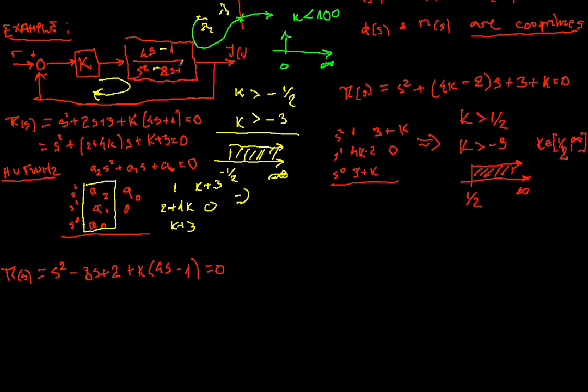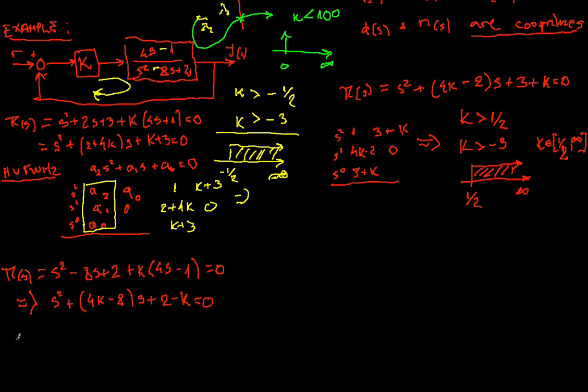So this is minus 8s plus 2, that's the term that is coming from here. Multiply k, multiply 4s minus 1, that's what we have. Such that s squared leads to the following condition: s squared plus (4k minus 8)s plus (2 minus k) equals 0.